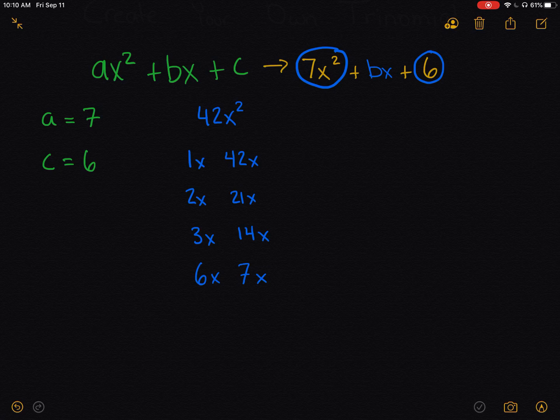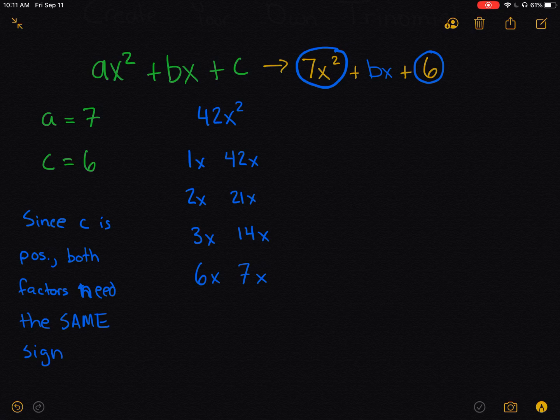Now, a couple of things. Since c is positive, both factors need the same sign.